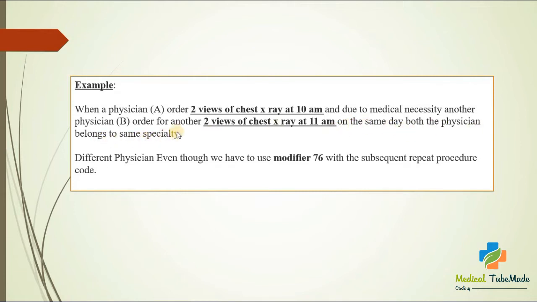Both physicians belong to the same specialty, so even though it is a different physician, we have to use modifier 76 with the subsequent repeat procedure code. Because both physicians belong to the same specialty, we should consider them the same physician. So we need to use modifier 76.